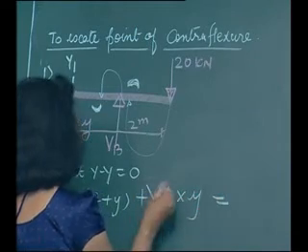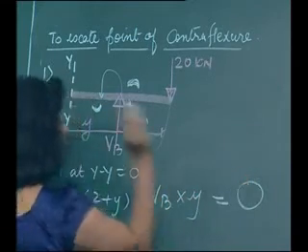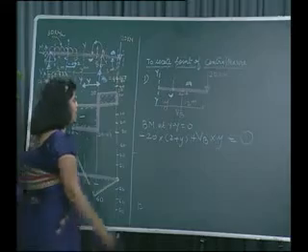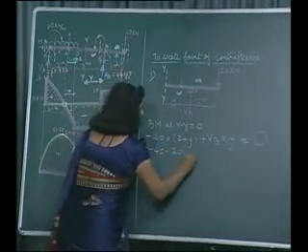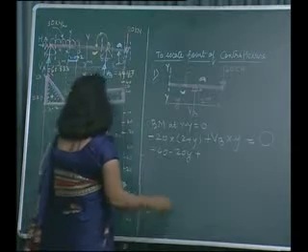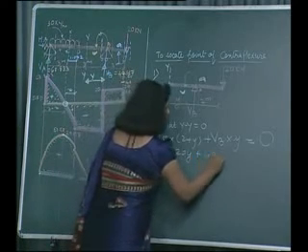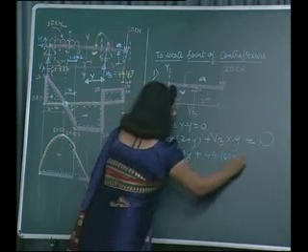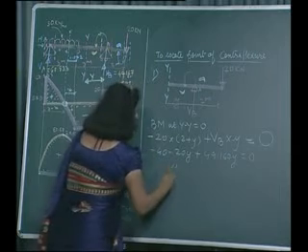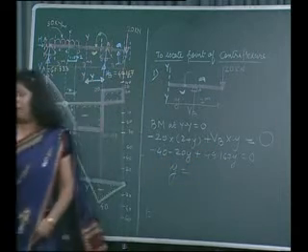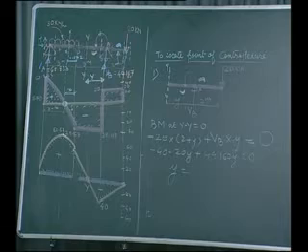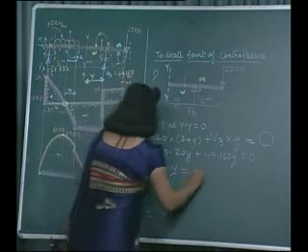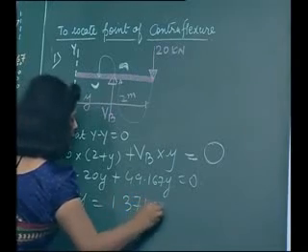And I know at Y the bending moment value is 0. Okay. So minus 40 minus 20y plus what is the value of VB? 49.167 into y is equal to 0. So if you solve this equation, you get the value of y as 1.371 meters.